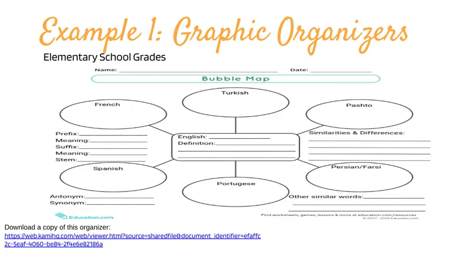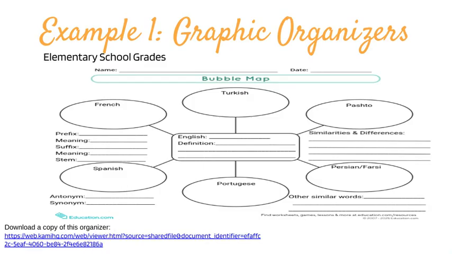All right, so I have three examples on how we can use vocabulary inquiry in elementary, middle, and high school. In elementary, you can use this graphic organizer, and I have provided a link here.